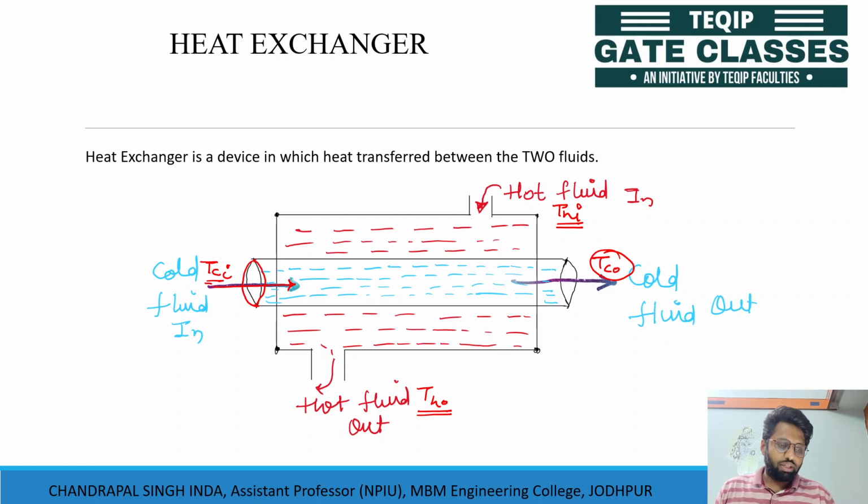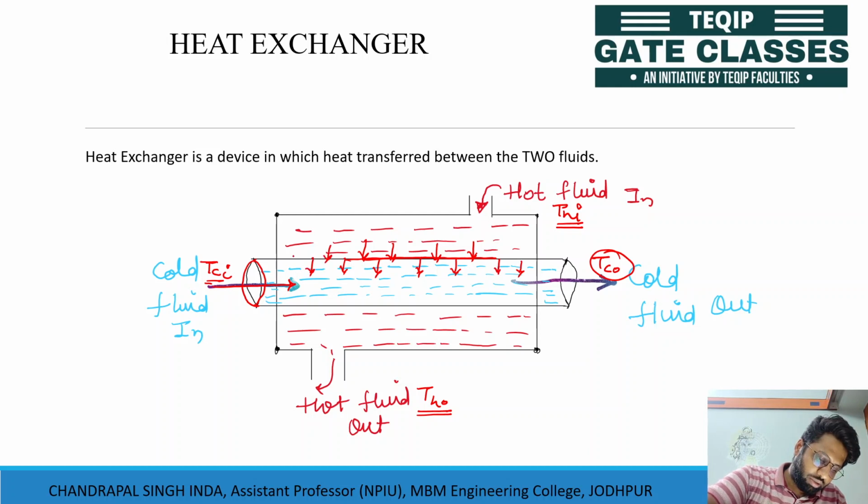So the hot fluid at a high temperature gives its heat to the wall, and this wall further transfers the heat to the cold fluid. This is how the heat gets transferred through the heat exchanger between the two fluids.